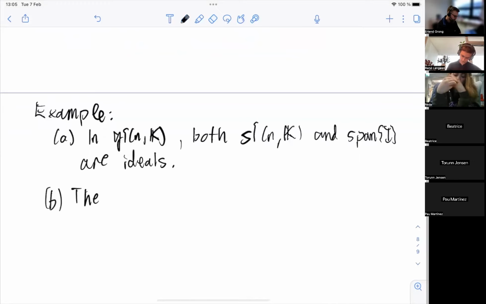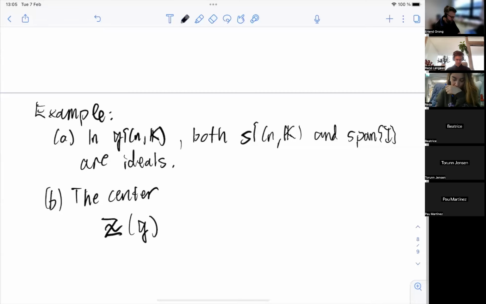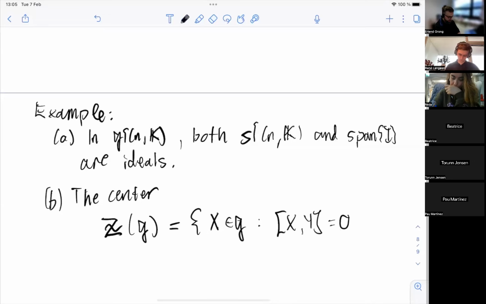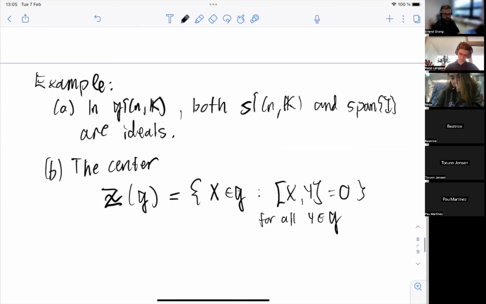So next, for the same reason that 0 is in any subspace, the center, that's this mathfrak z. I'm just going to write it like this. The center of G is the set of all elements x in G such that [x, y] is equal to 0 for all y in G. So that's called the center.